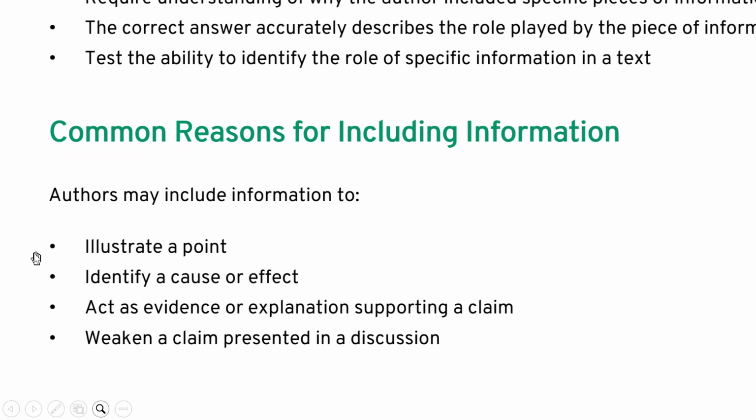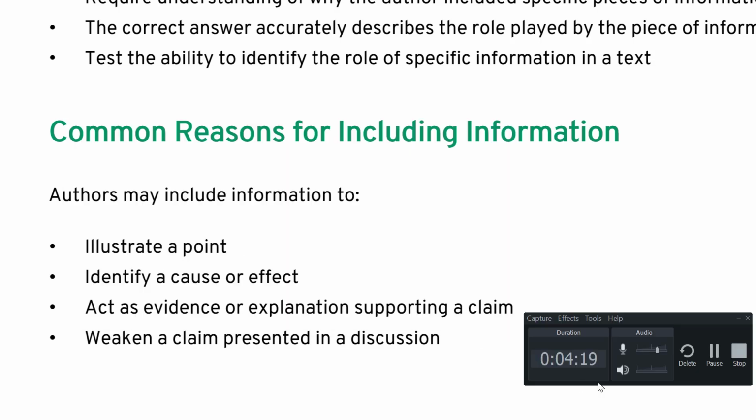The common reasons may include any of them. First of all, the author may include information to illustrate a point. That's the first reason. The author may state an idea to elaborate on the topic, to illustrate the point which is explained.